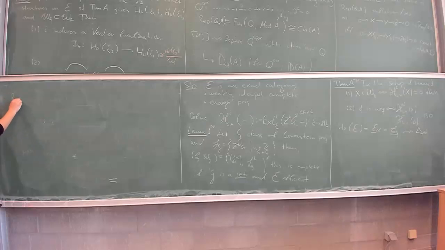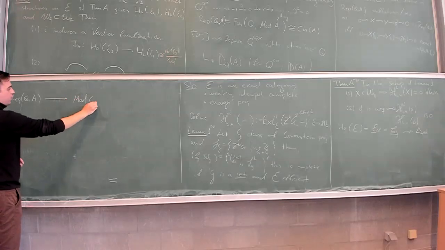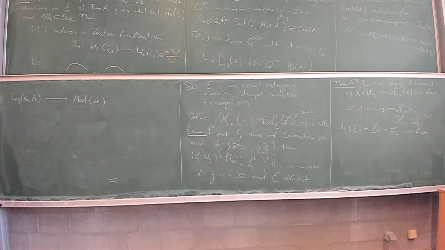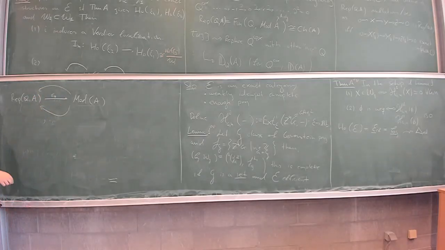There is a triple adjunction from rep Q comma A to mod A, where you just have evaluation at the vertex Q. You're just taking a functor from Q to A-mod and you evaluate it at the vertex Q, or the object Q. And then you can go back with a left or a right adjoint.